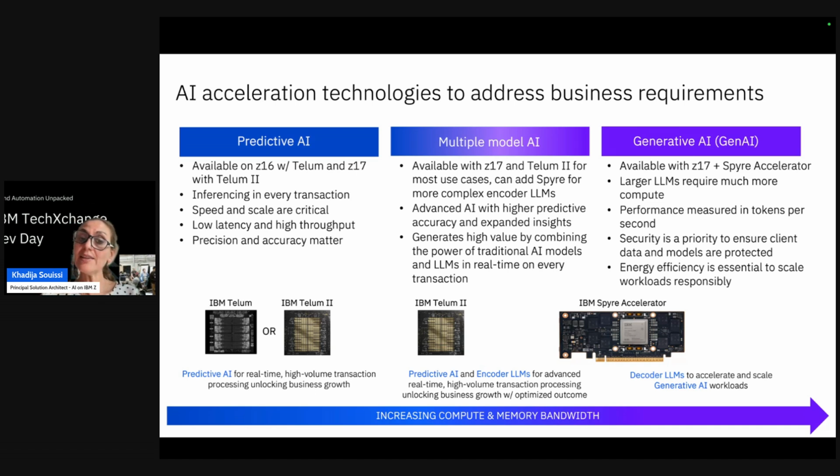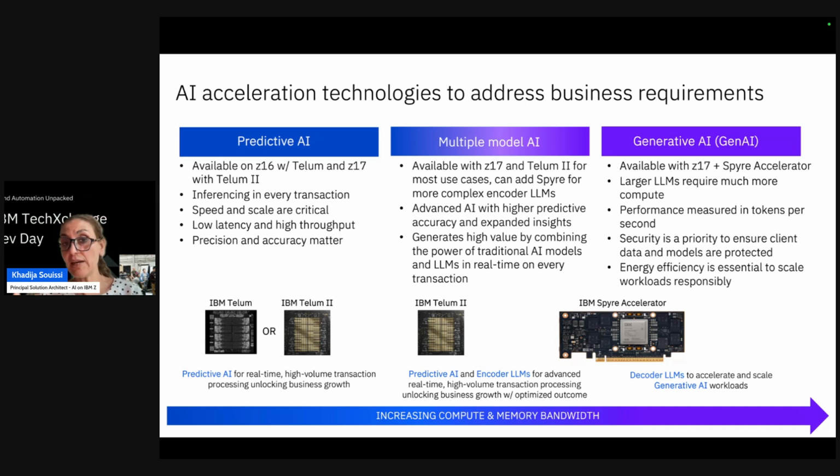So, what are the technologies that would be a good fit for those two types of approaches? For multiple model AI, where we usually use encoder large language models, IBM Telum 2 would be a good fit. If we want better response times, or if the model is quite complex, we could also support it on IBM Spyre Accelerator.